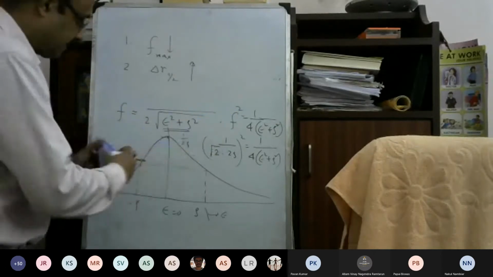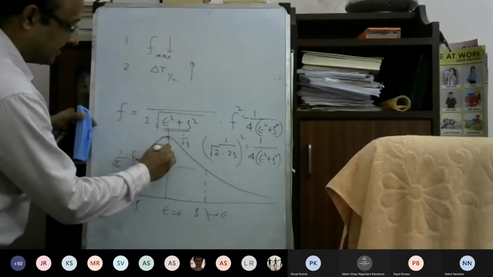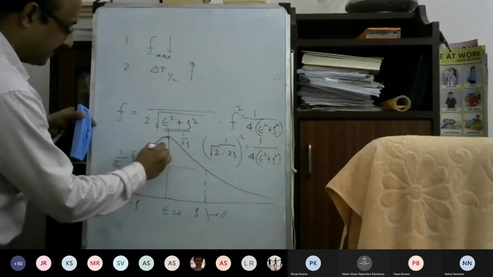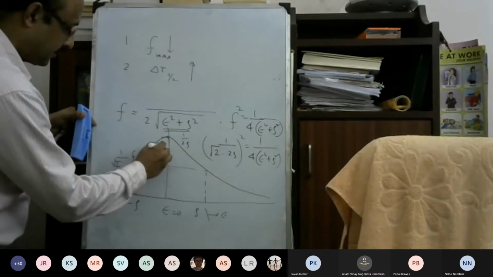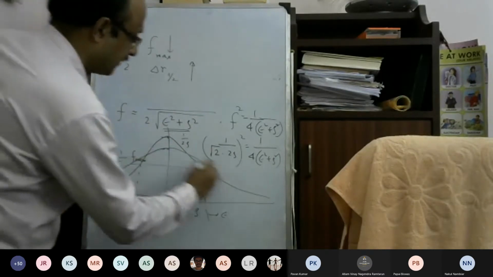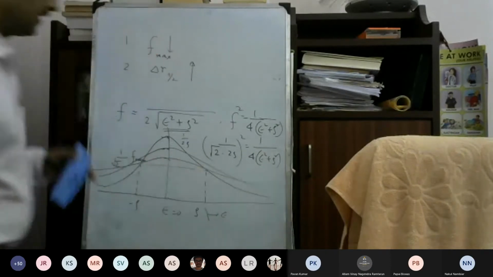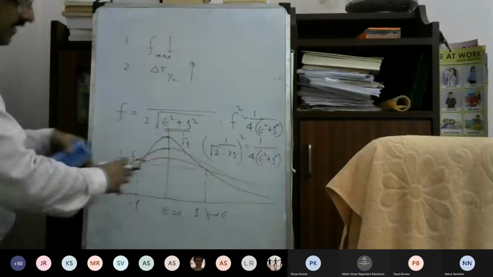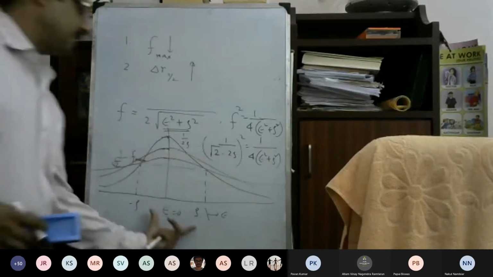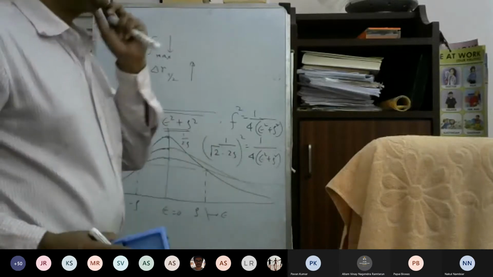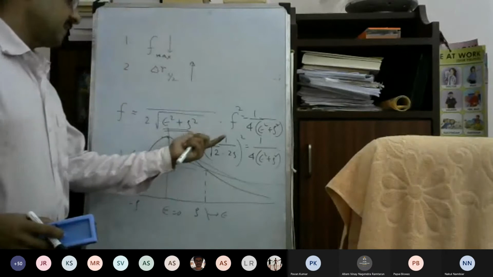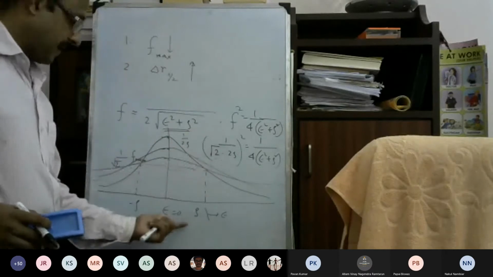Okay, so when zeta is increased, what will happen? The curve will become like this. So if you increase the value of this, it will become flatter and flatter. But again, with the approximation, that is, we neglected the higher order terms of epsilon here.